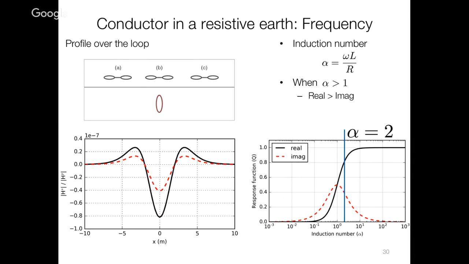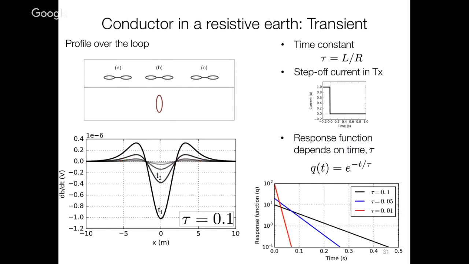So we wouldn't expect any difference. It doesn't matter whether I'm in frequency or time, the shape of the curve is the same. The only difference is that our amplitude as a function of time is just going to decay.